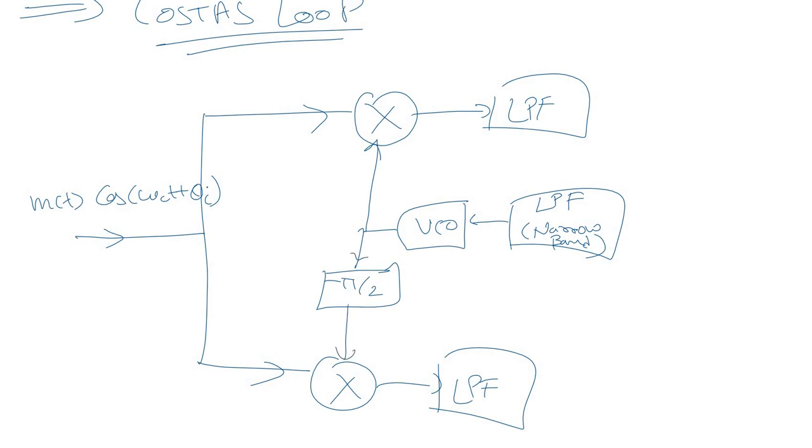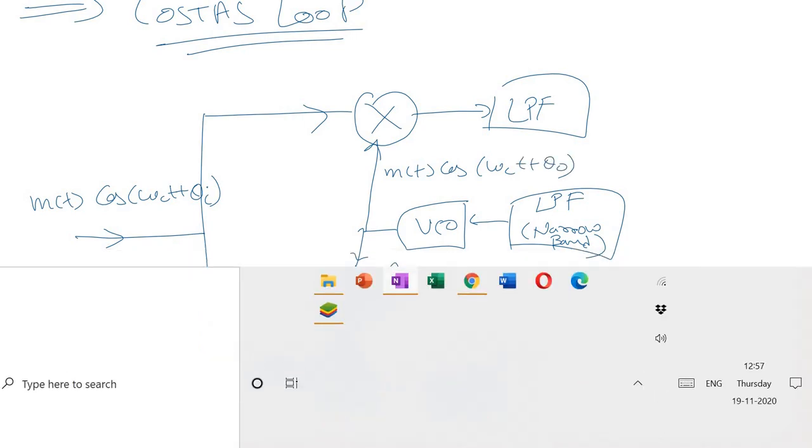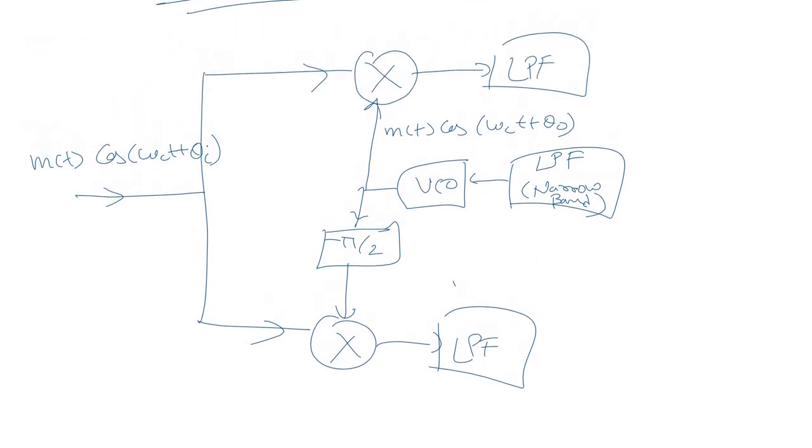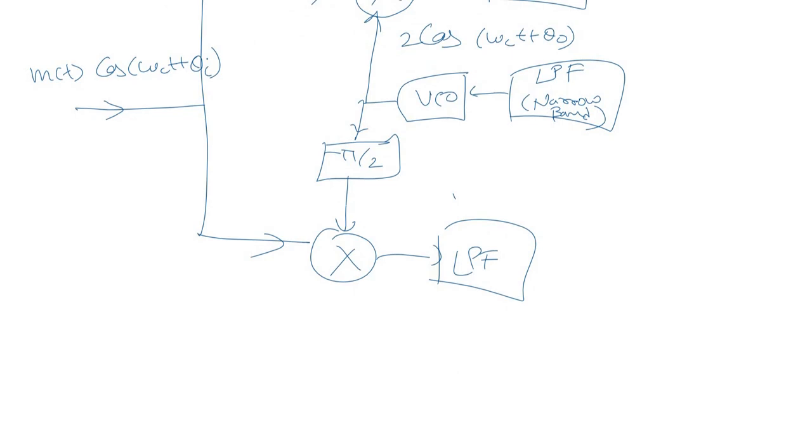Alright, so the signal over here is m(t) into cos(omega c t plus theta naught), and the signal here is m(t) sine, the signal here is twice of cos(omega c t plus theta naught), and the signal here is twice of sine(omega c t plus theta naught).